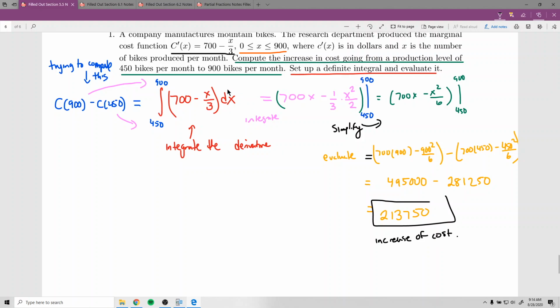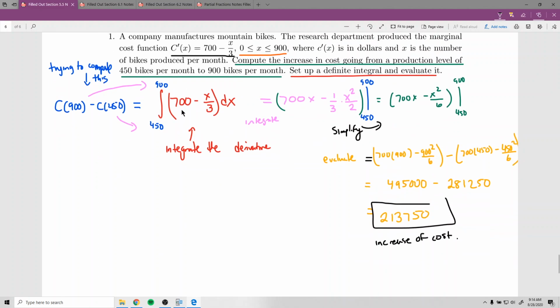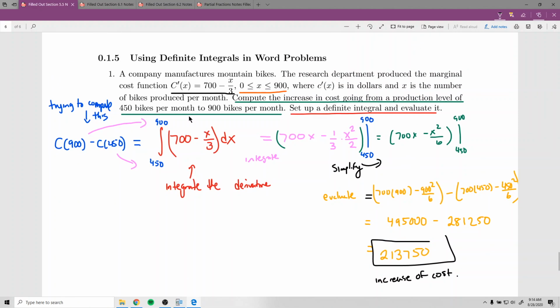Right. So, kind of impressive, think about what we've been doing in this class and the problems we're doing now. We have the derivative, the rate of change of the cost, and we figured out just from the derivative how much the cost would increase if we go from a production level of 450 to 900.